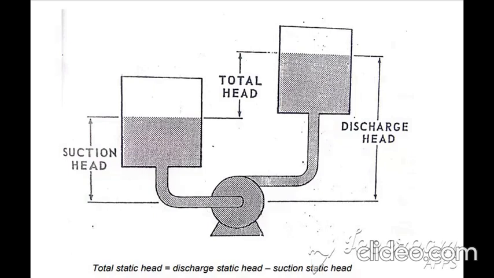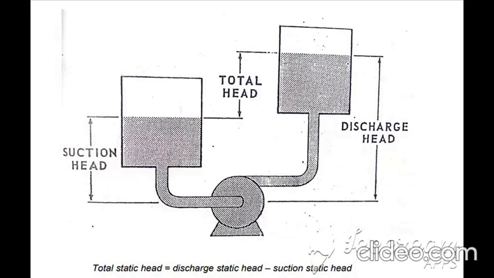The suction head means the height of fluid before entering the pump eye. We will measure that height from the top level of the fluid source to the pump eye. Remember, we are just measuring height, not the length from the fluid top to the pump eye. If we are talking about discharge head, it means the head developed after pump action.